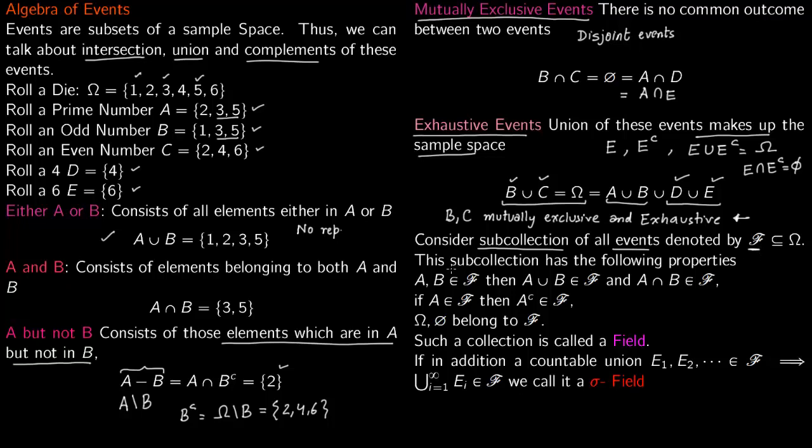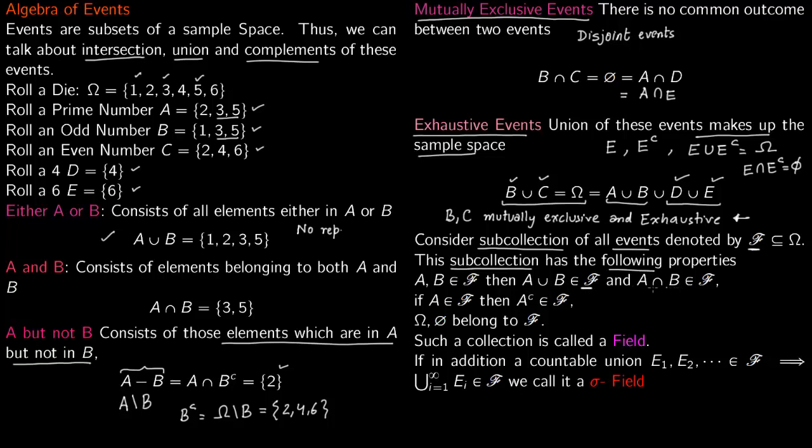Now this sub collection has the following properties. So number one, you can say that if there are two subsets A and B, so A and B are two subsets, or you can say two events, they belong to the sub collection F. So this is curly F is the sub collection. Then the union of these events also belongs to the sub collection.